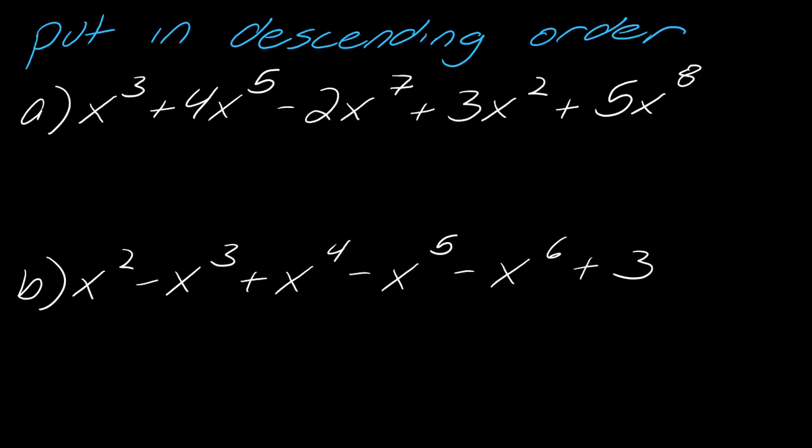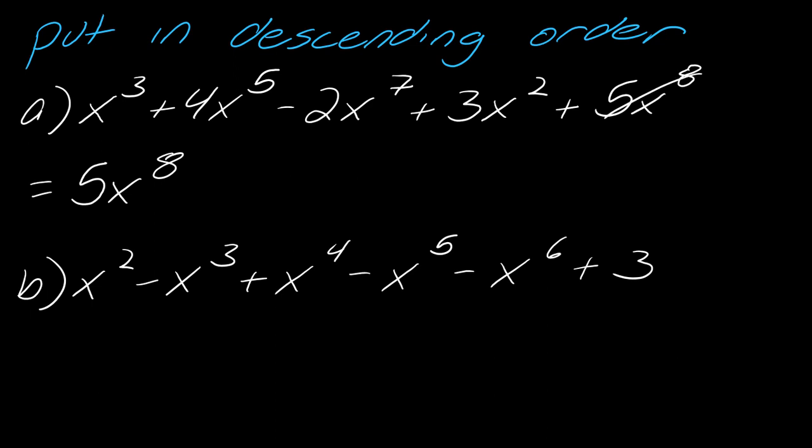So starting with this first one, we're going to put these two polynomials in descending order. All that matters here are the exponents. As I look across all these exponents, this is the largest exponent, so it doesn't matter what number's in front, this is what's driving everything. So if I put this in descending order, this is going to equal 5x to the 8th.